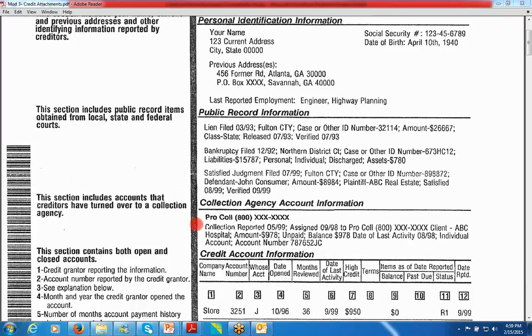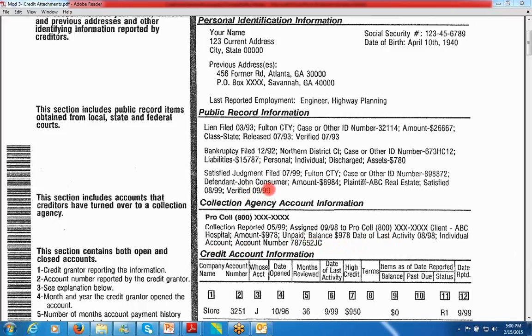Collections agency, we talked about the fact that a collections agency exists to chase you down and get money out of you for your unmet obligation. If someone sends it to collections or sells the account to a collections agency, it will be on here. As you can see with all of these, it shows when it was reported, when it was assigned, who it is, the phone number, the amount, whether it's a hospital bill, unpaid balance, date of last activity.